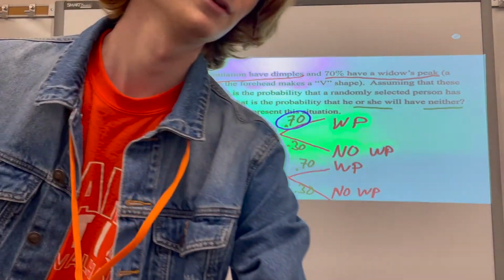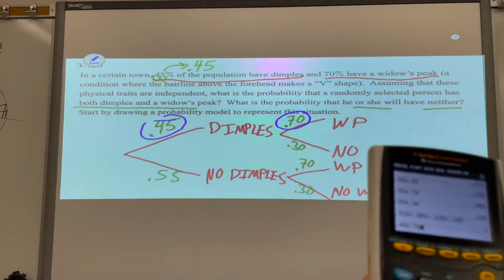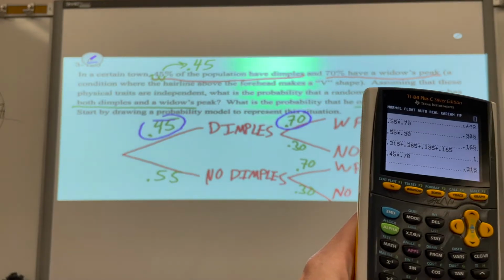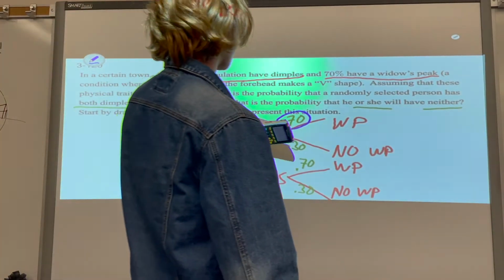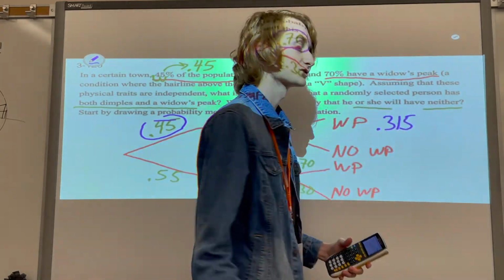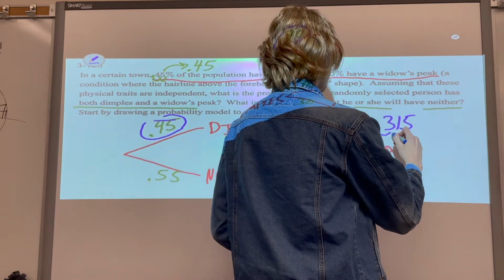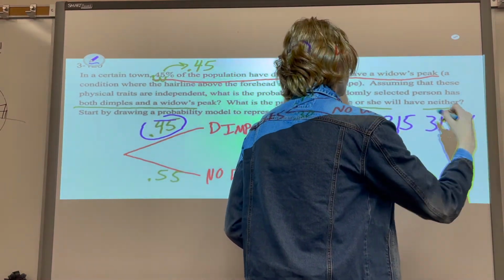So we grab our calculator. 0.45 times 0.70, right? We've done this before on the area model, but it equals 0.315. So the probability for this route is 0.315, which if we want that in percent, move the decimal over 2 places, 31.5%. Okay?